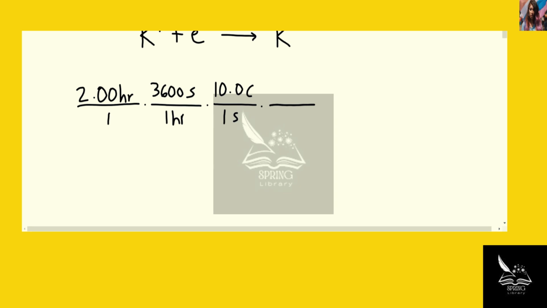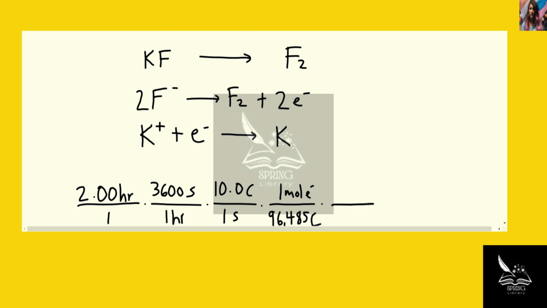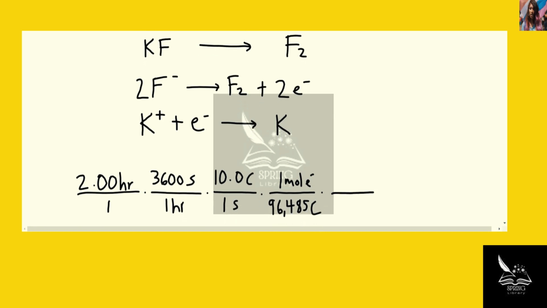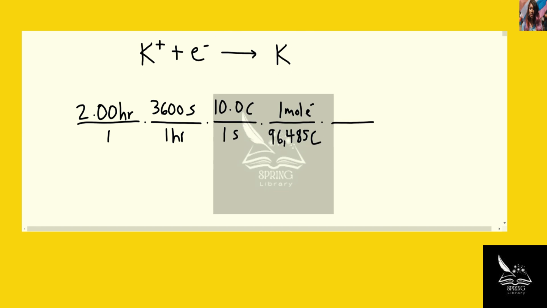According to Faraday's constant, there's 96,485 coulombs for every 1 mole of electrons. And based on the oxidation, for every 1 mole of F2, we have 2 moles of electrons. So that's 2 moles of electrons and 1 mole of F2 gas.